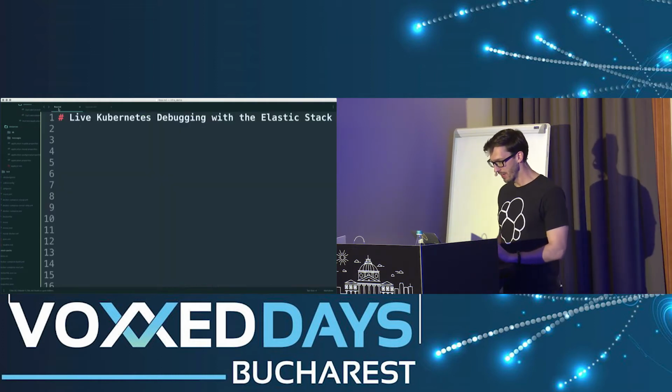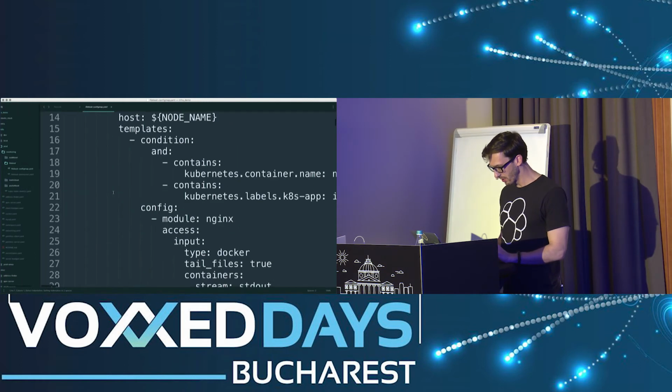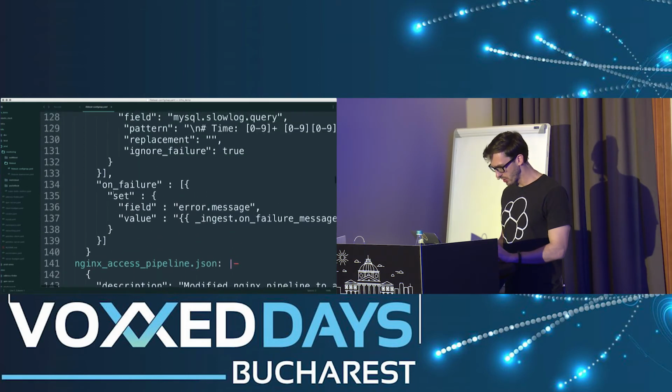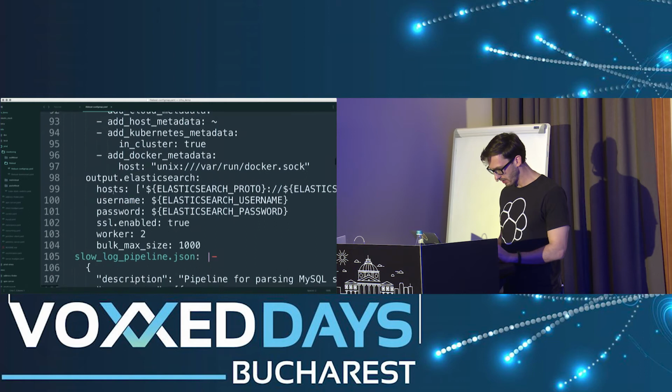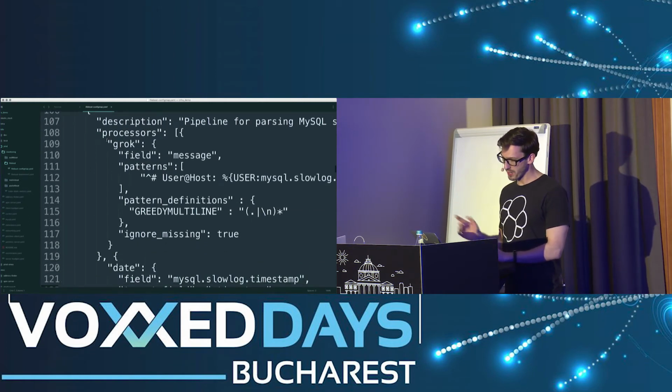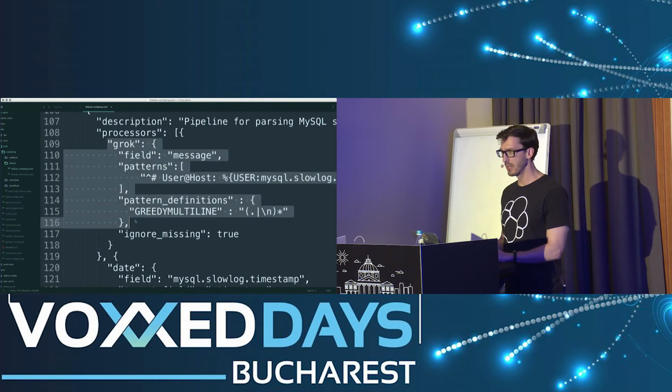And actually, I didn't show you that, but this is also part of this configuration here. So further down, we have the Nginx access pipeline, we have the slow log here, we have an ingest pipeline which runs in Elasticsearch.